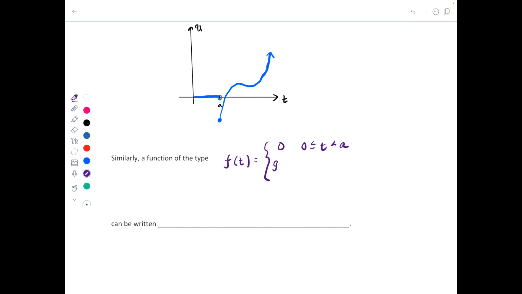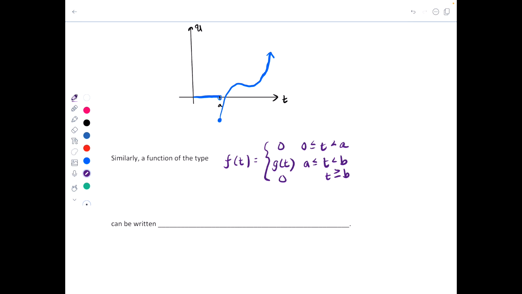It could be, and so it's turned off there. It's turned on between a and b, not inclusive of b. And then it might be turned off again when t is greater than or equal to b.